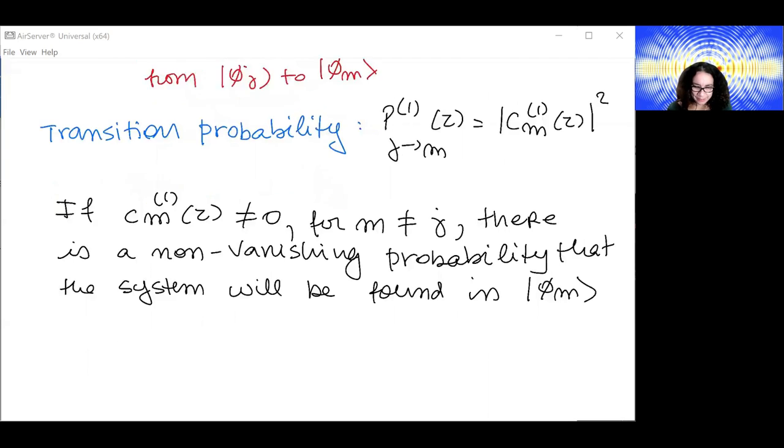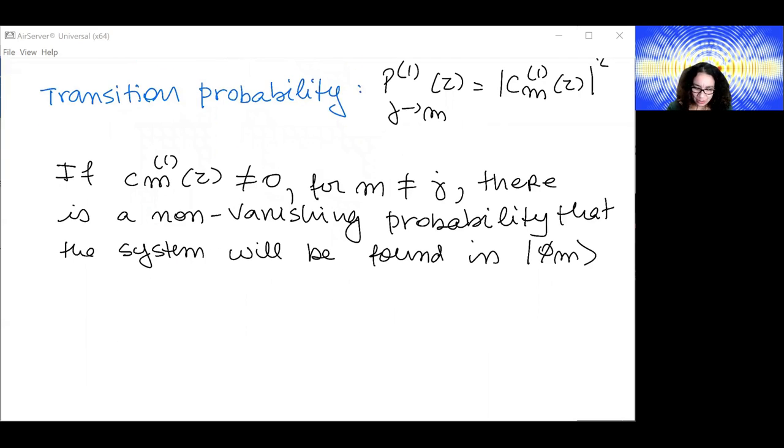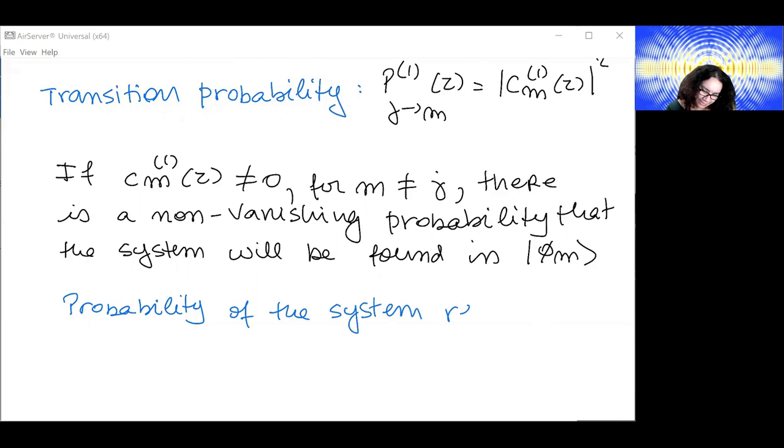So let's go and talk about the probability of the system remaining in phi j.